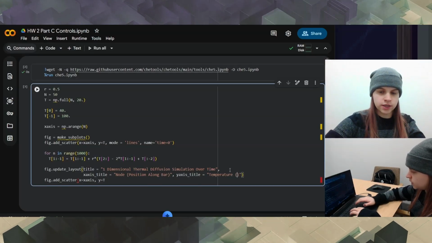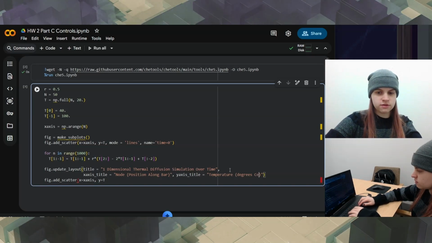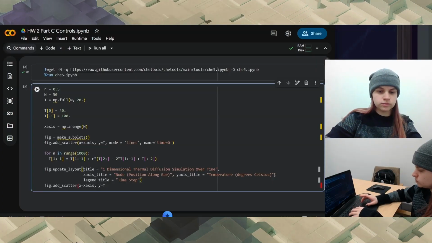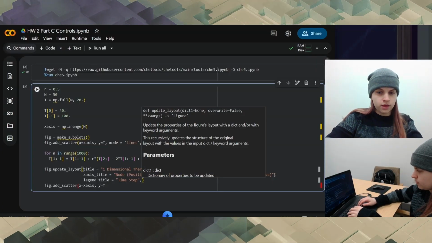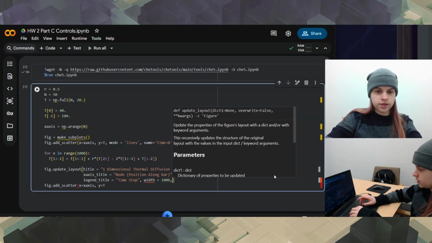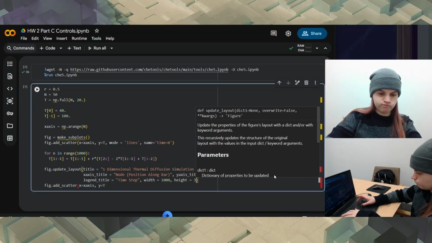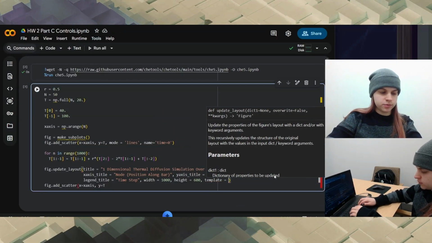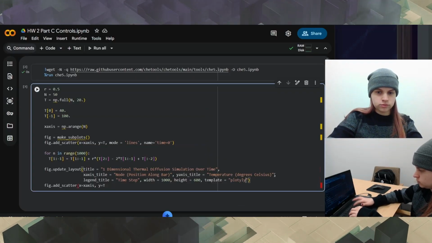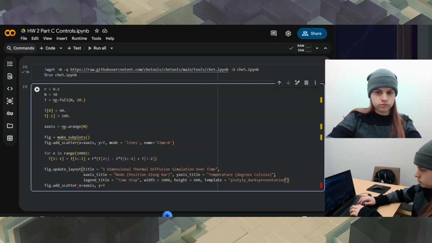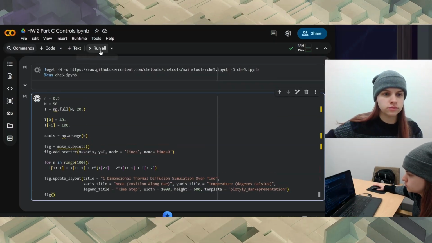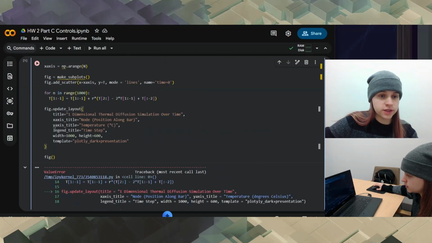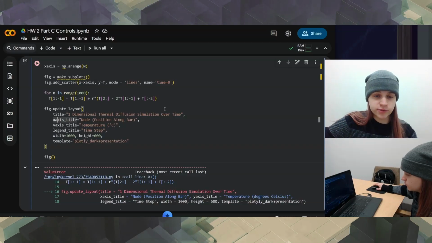I'm just going to put in degrees Celsius. The legend title should be the time step. And I'll set a width and a height. And I'll set my usual template. I just paused so I could clean this up really quickly so that it was hopefully more visible.